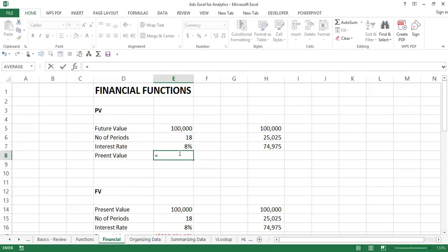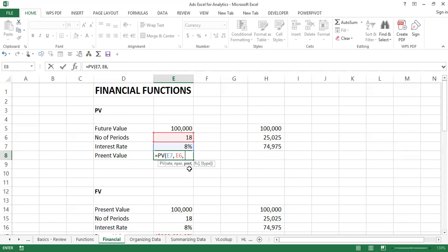So to do that, just simply say equals PV. Of course, you open your bracket, then just follow the hint here. First of all, it's asking for the rate. So you click on the rate, comma. Next is asking for the number of periods, which is 18. In this case, number of years, that's 18. Comma. Then what's the payment?